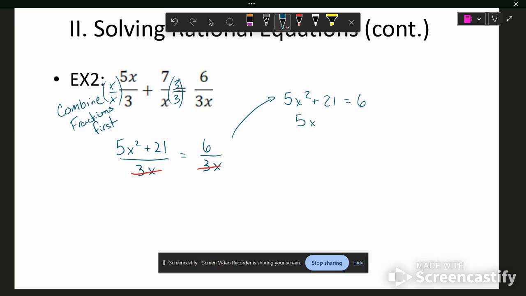So 5x squared equals negative 15. X squared is equal to negative 3. X is equal to plus or minus i root 3.